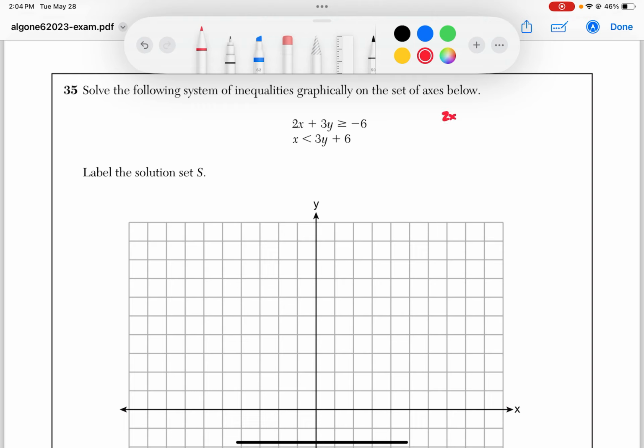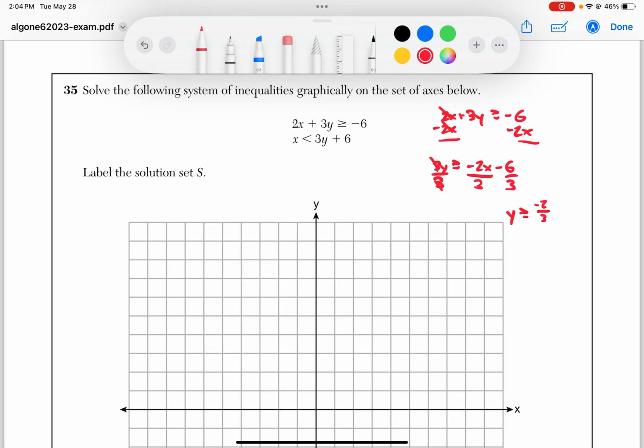So I need y by itself. That 2x is a problem, so I'll move it over. So you got negative 2x minus 6 multiplied by 3, so I will divide by 3. Since I divided by a positive number, I will keep my inequality sign.